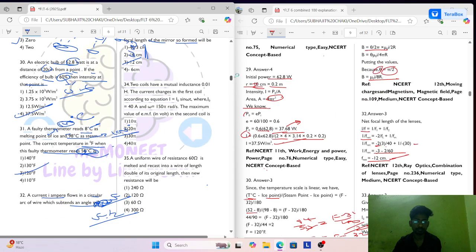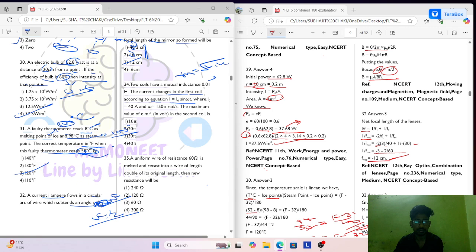Two coils of inductance 0.01 Henry. Mutual inductance M is given, M equals root over L1 L2. You know this. Current changes in the first coil according to this: I naught equals 40, omega equals 150 pi. The maximum value of EMF in the second coil will be? M is this, I naught is this. So E is given by the formula, phi equals Li or Mi.